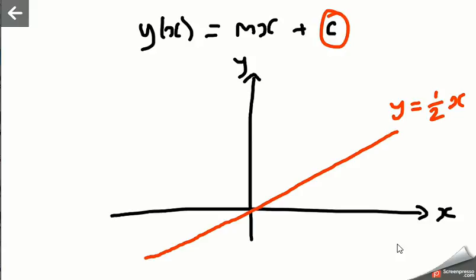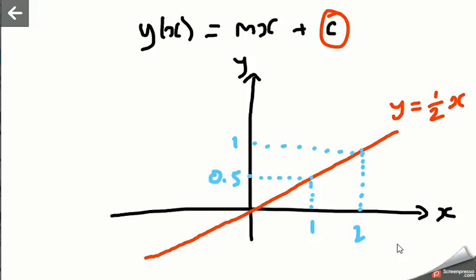Let's take this is 1, 0.5. This is 2. And y of 2 is, of course, half times 2, which is 1.